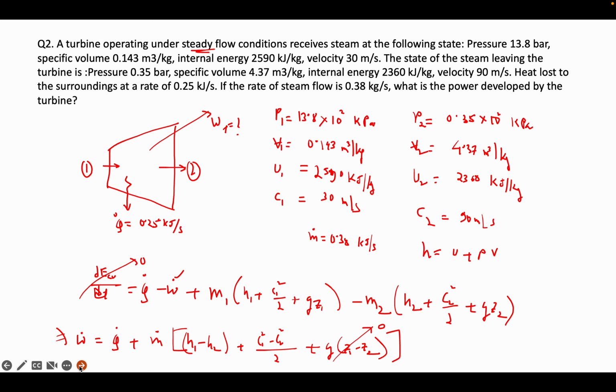So now my W dot will be Q dot plus m dot times h1 minus h2.